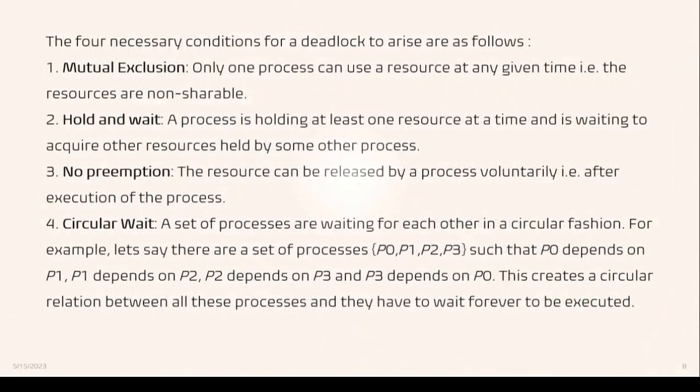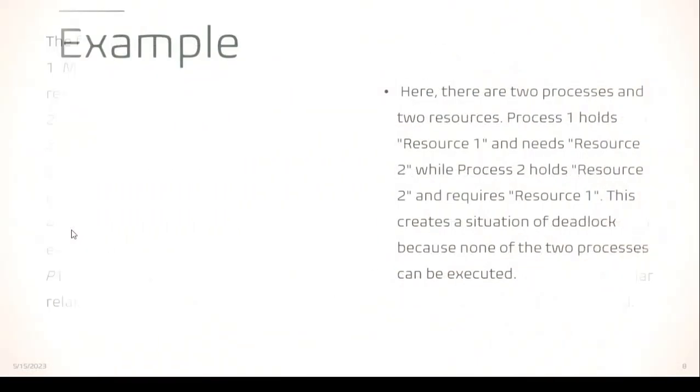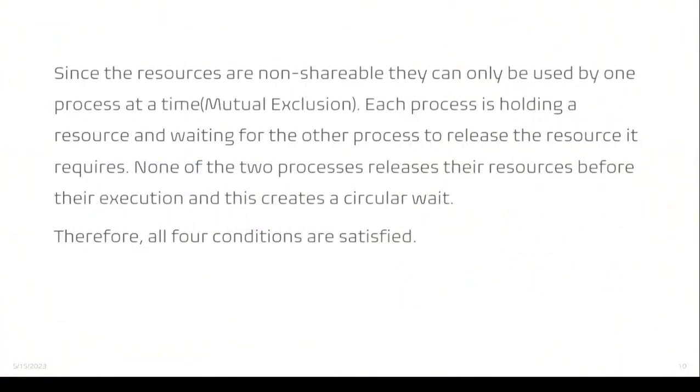The third condition, which is no preemption, and the fourth, circular wait. Let's see how they are met over here. Here neither of the two processes releases its resources before its execution, or we can say they do not involuntarily release their resources. They will first execute and only then release.